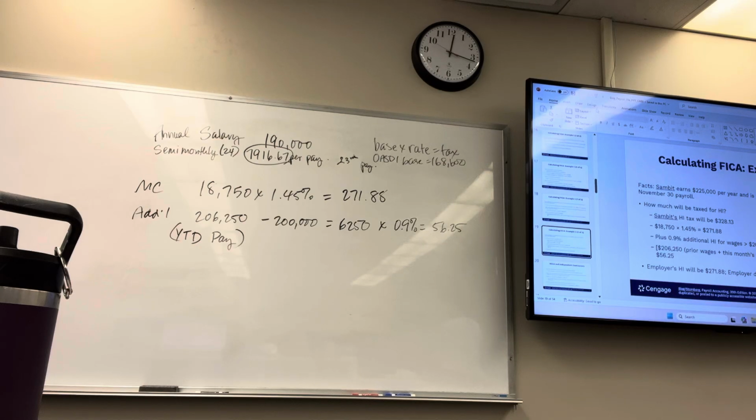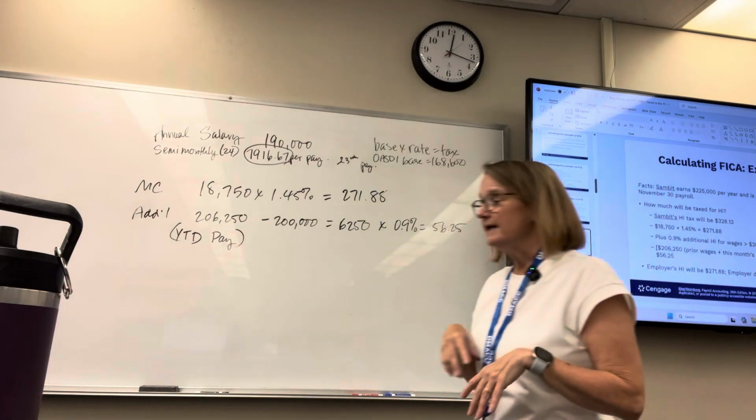Even though combined, you're over the $168,600, right? You're at $200,000. What happens is when you file your own personal tax return, you get a refund of that overpayment of Social Security tax. Does that make sense? So you got 2 W-2 jobs.